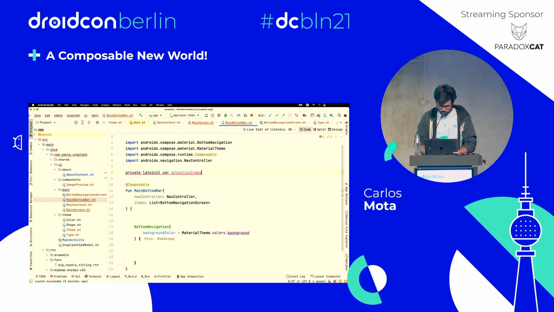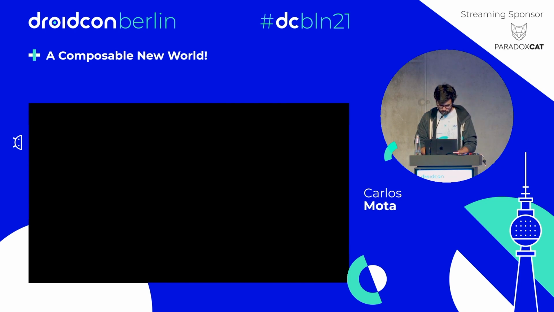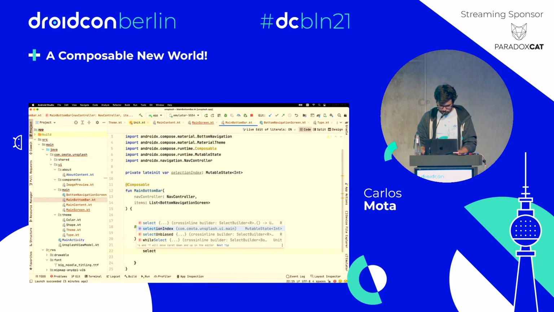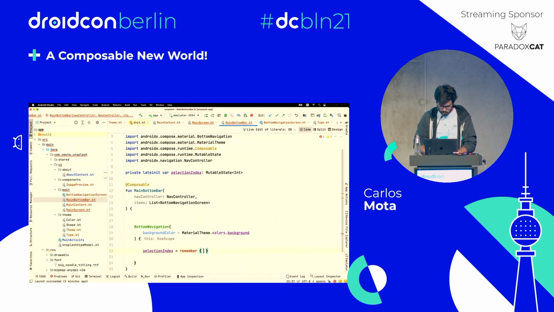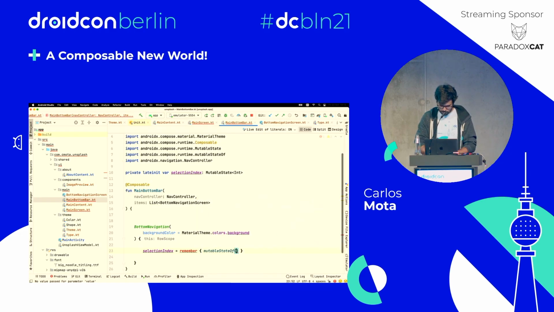This is going to be a mutable state int. And let's initialize this selected index here by remember mutable state of 0.